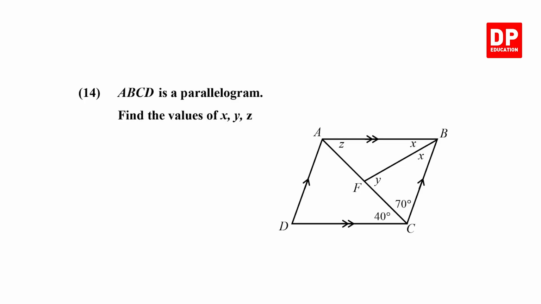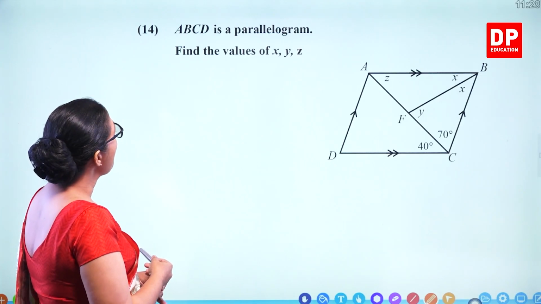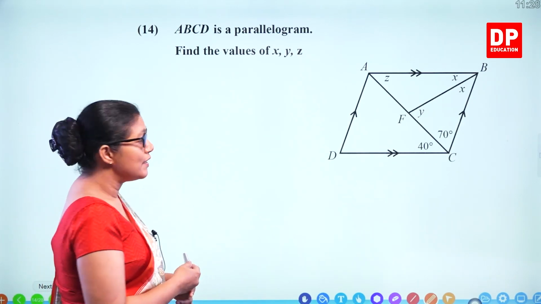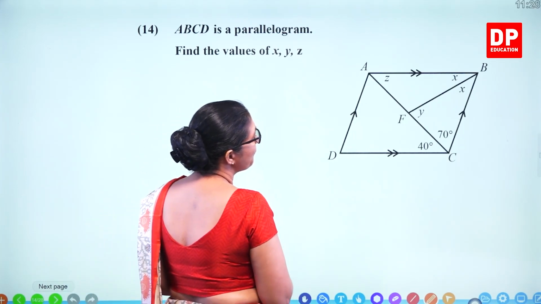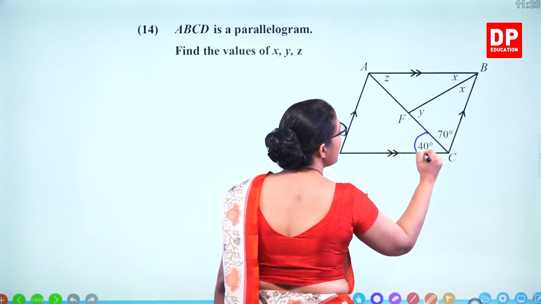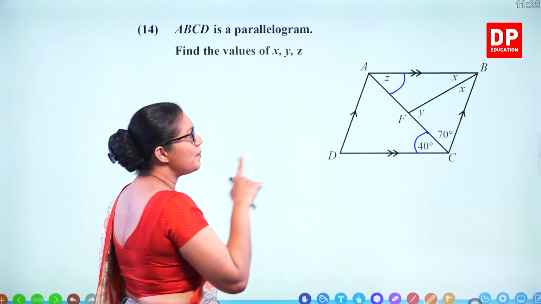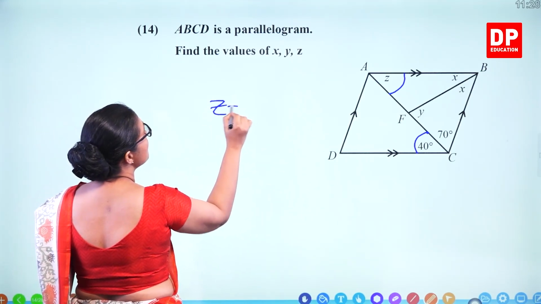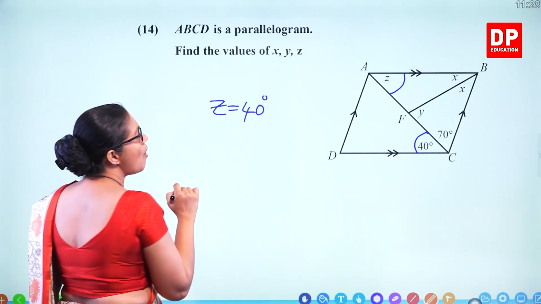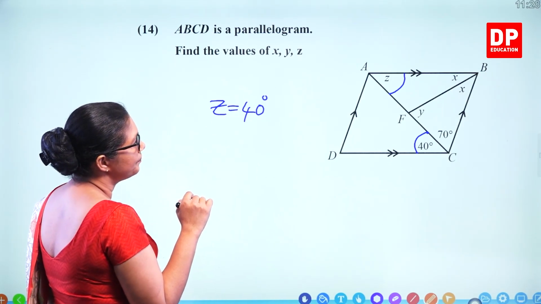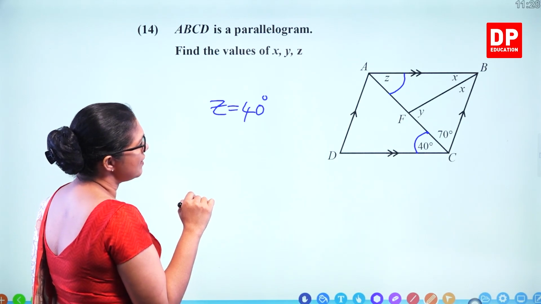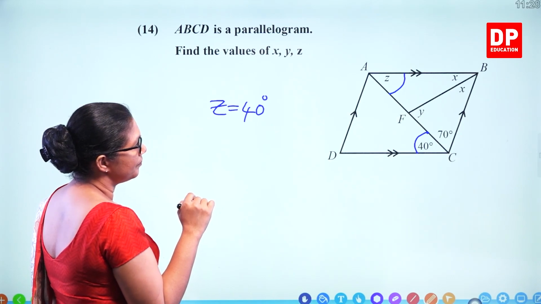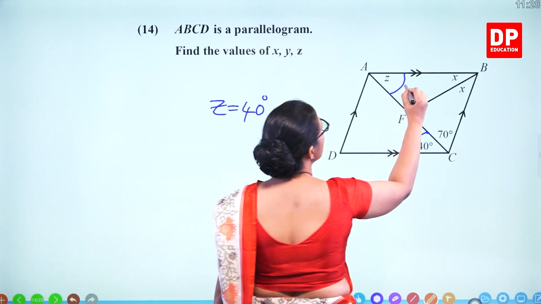Question number 14. ABCD is a parallelogram. Find the values of x, y, z. Look carefully. What can you see? This angle and this angle are equal because AB and CD are parallel. Z, straight away you can write 40 degrees, alternate angles. Then what's the next one you can see? So we'll write 40.